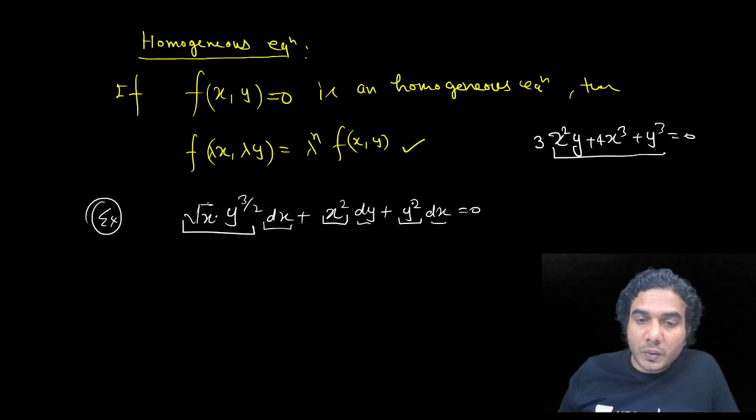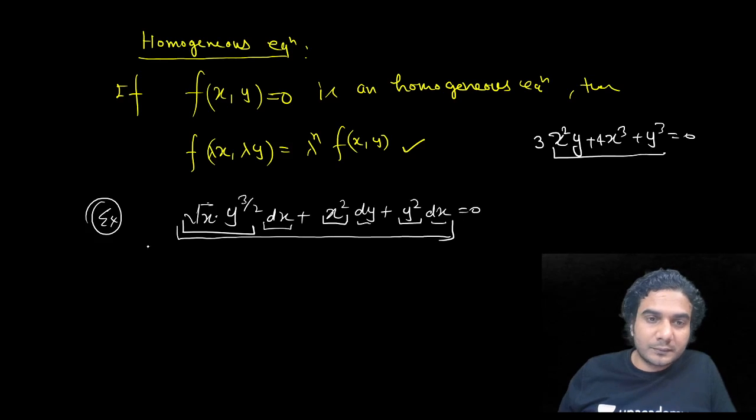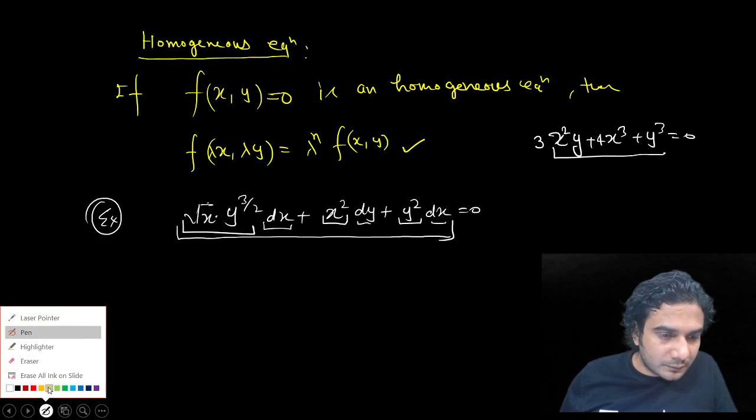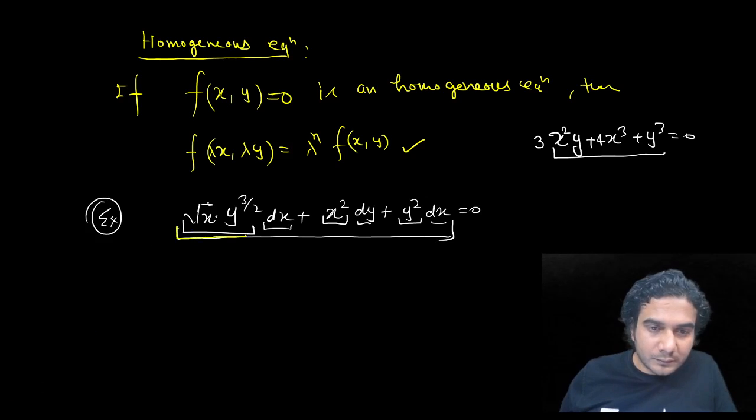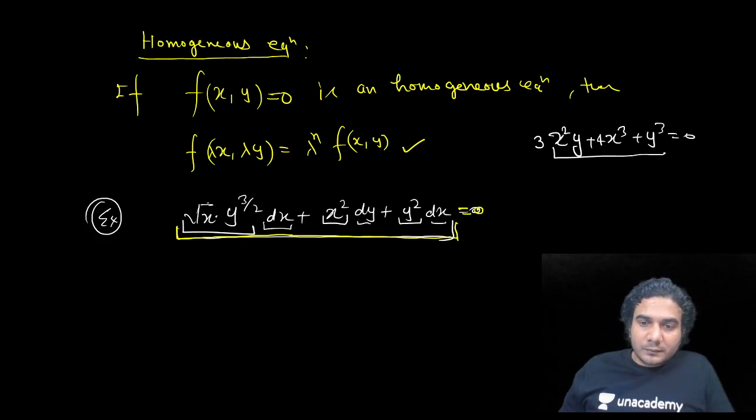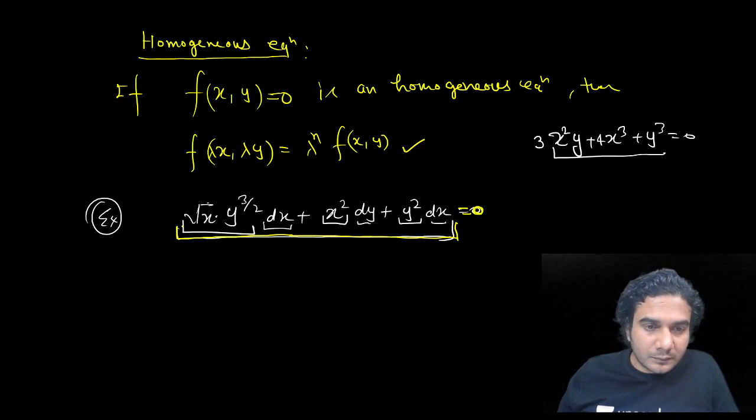This is 2, this is 2. So each term is of degree 2. All right, so this is one way to express it.